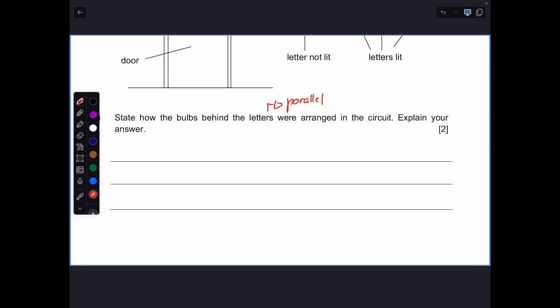So the answers: first part, parallel arrangement.